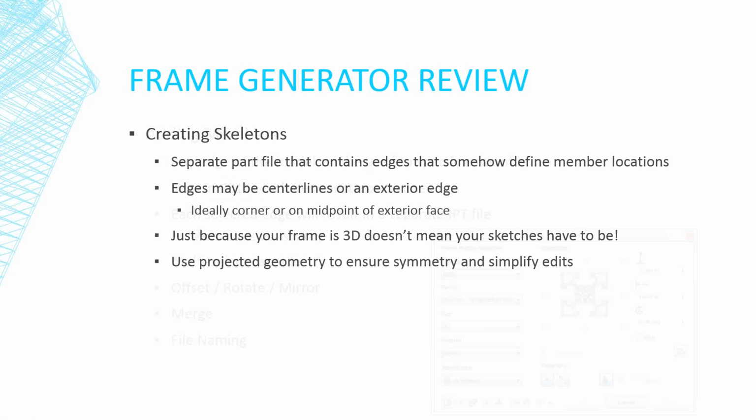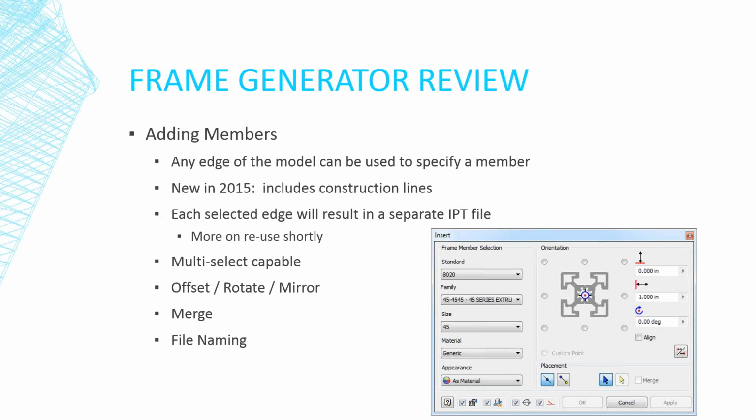Right. So once your skeleton is done, then you would go to add members. Any edge can be used to specify a member. That's a sketch edge, say, in your skeleton, or even the edge of an existing part, like another part. So let's say you have a table, and you want to put a guard on that table out of this extruded aluminum.